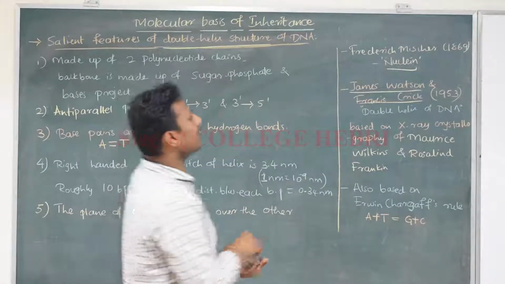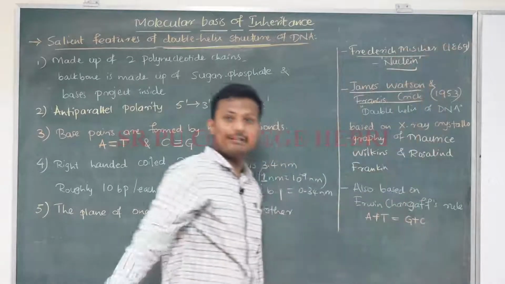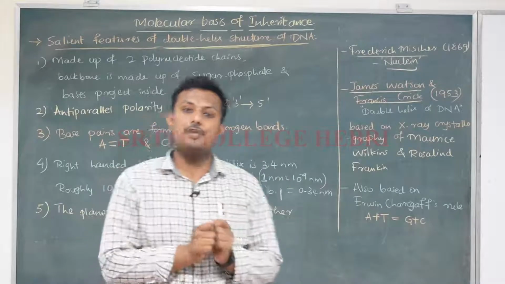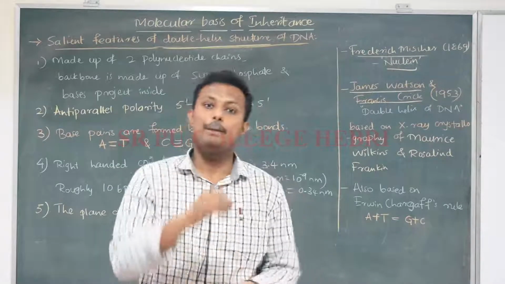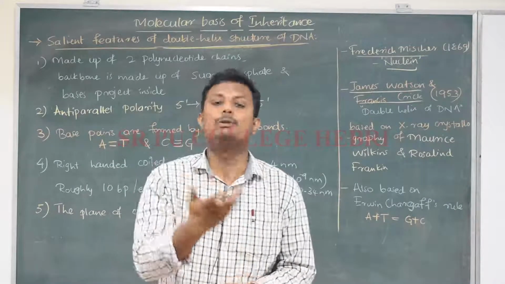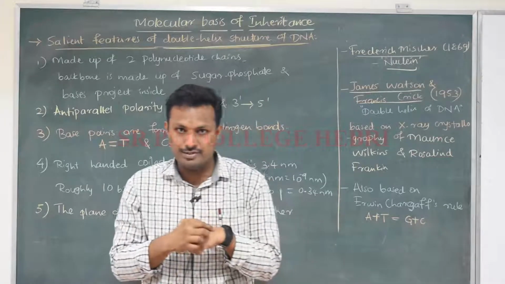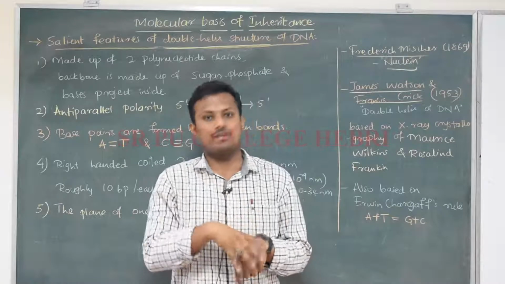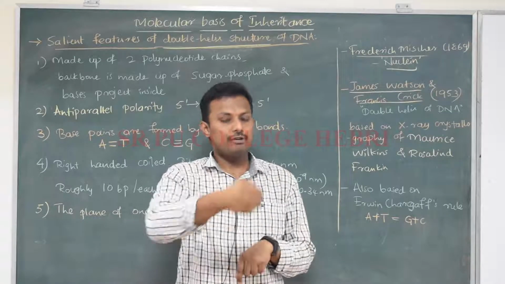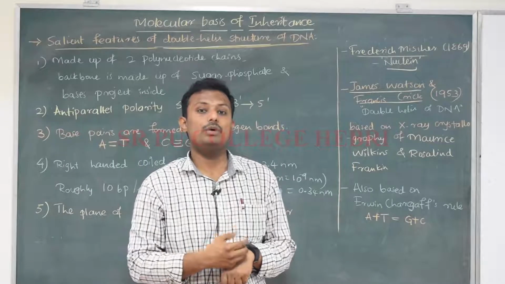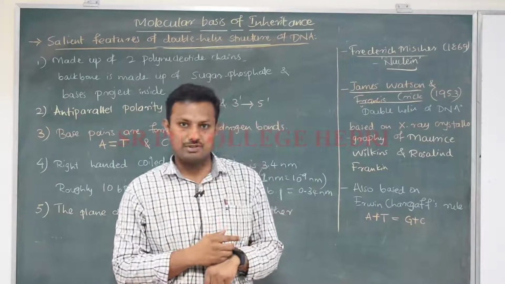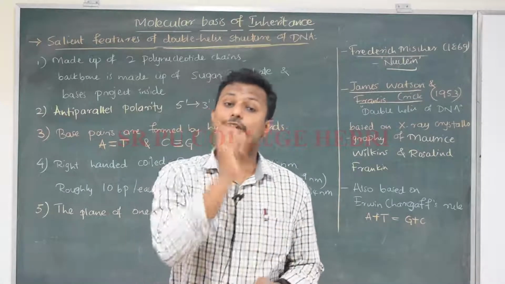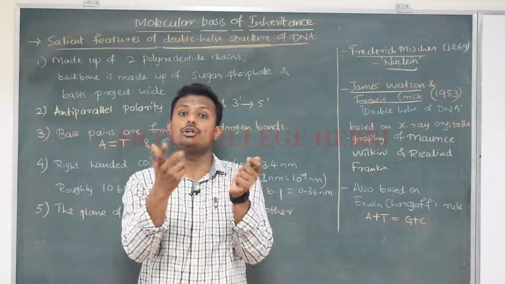A scientist named Friedrich Miescher, in the year 1869, was doing an experiment with pus cells. Whenever a wound stays on your skin for a very long duration, pus is created, and from the pus, WBC cells, white blood corpuscles, come out. WBC cells have a larger nucleus.